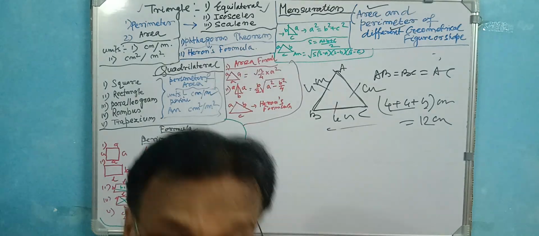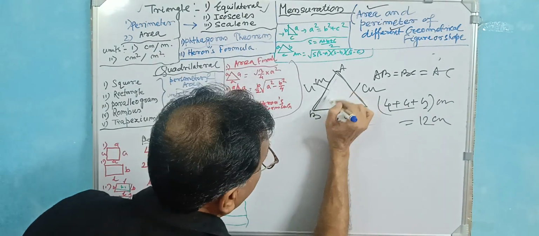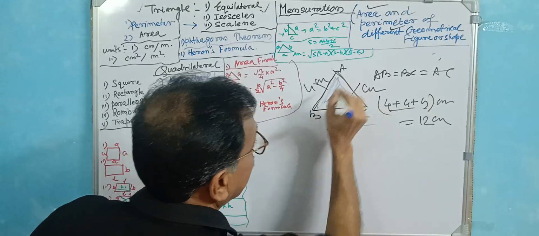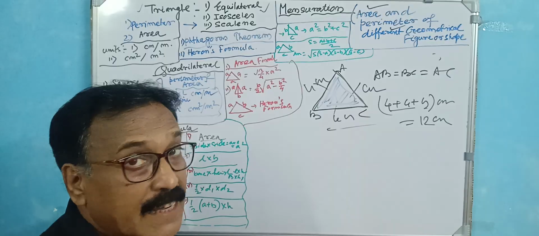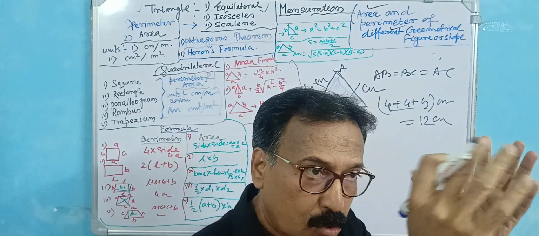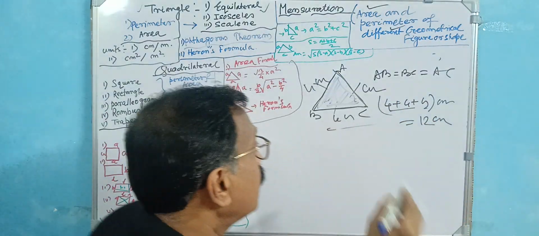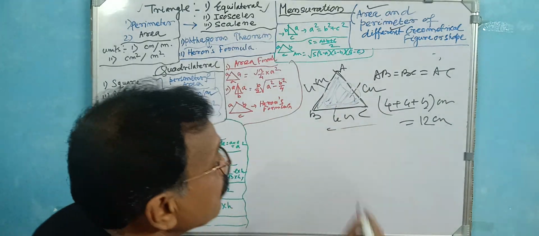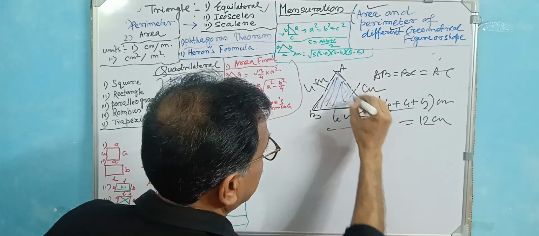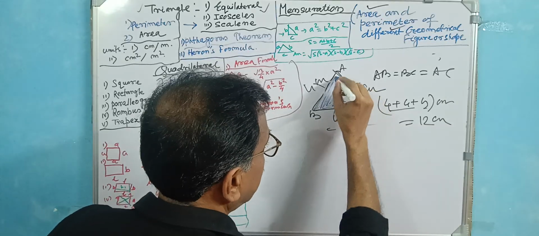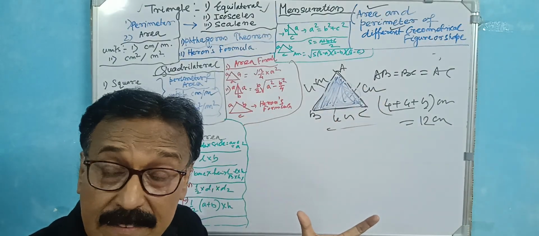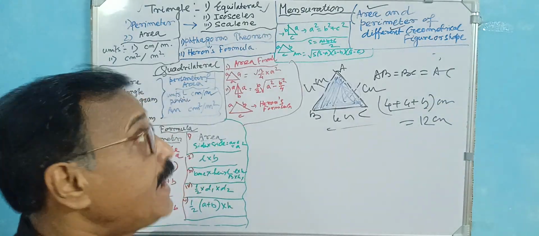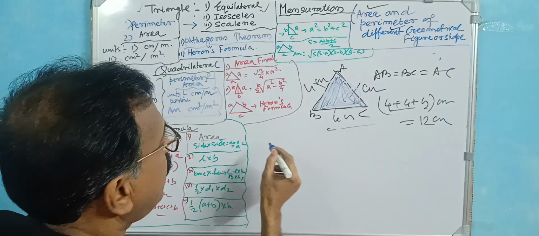But the concept is that of area. Area means how much of that place is covered. That means ABC is a triangle, and the amount of land covered here is actually called the area. Area means this part. So here is a formula of the area of the equilateral triangle.